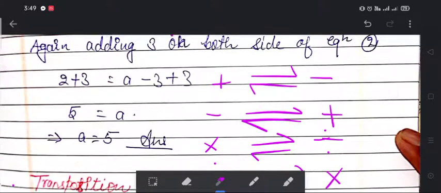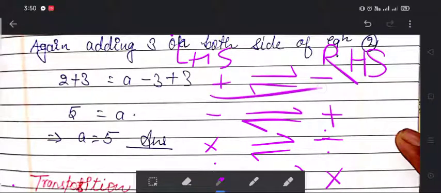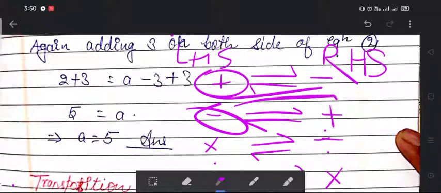This reversible sign represents that we can move from left to right. Similarly, if we move from right to left, the same transformation takes place: when plus goes to the right side it becomes minus, when minus goes to the left side it becomes plus, when minus goes to the right side it becomes plus, and when plus goes to the left side it becomes minus.